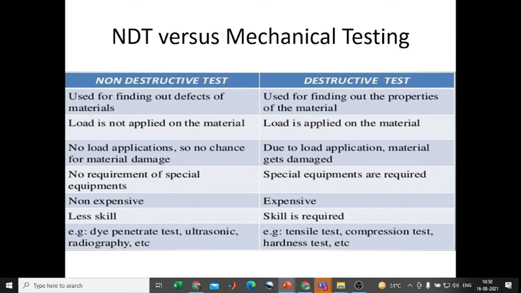In that, tensile test, compression test, hardness test, fatigue test, deflection test, spring test. Likewise, a lot of tests are available with destructive testing methods. So these are all the differences between destructive testing and non-destructive testing.